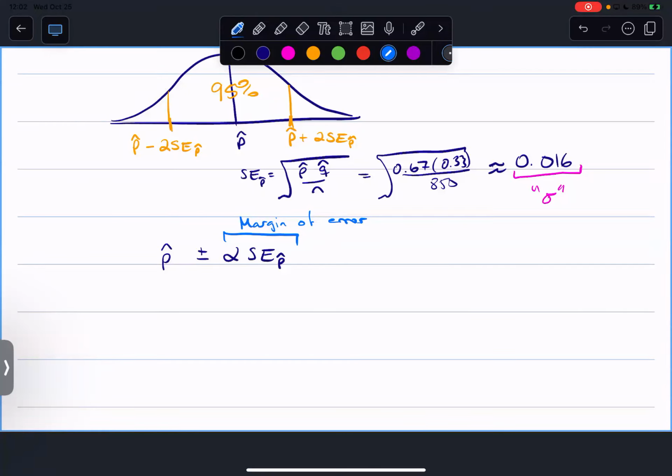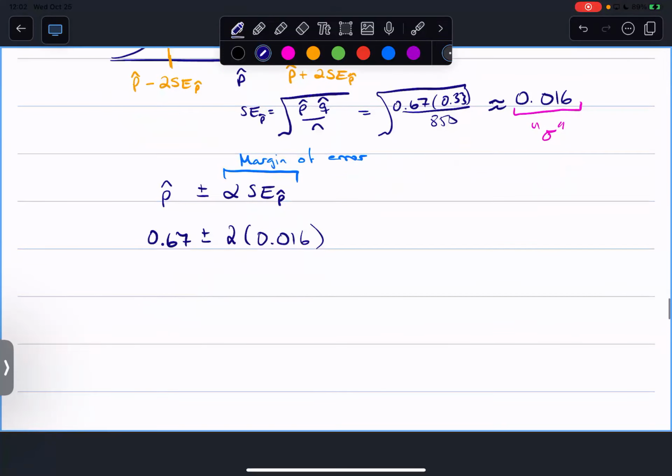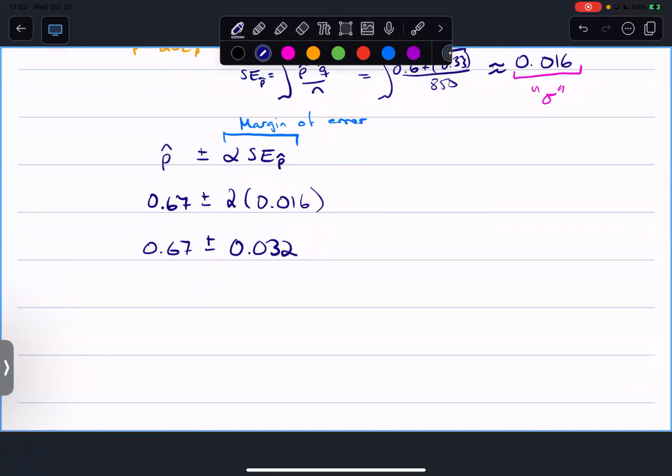So now, 0.67 plus or minus 2 times 0.016, because we already did the math. 2 times 0.016 gives plus or minus 0.032. So 0.67 plus or minus 0.032.